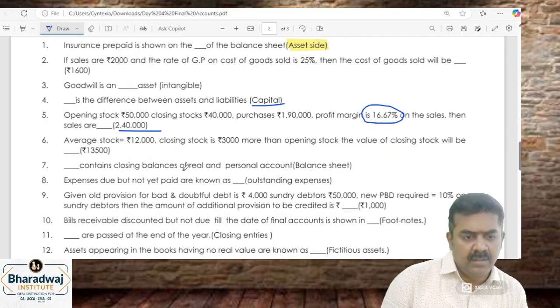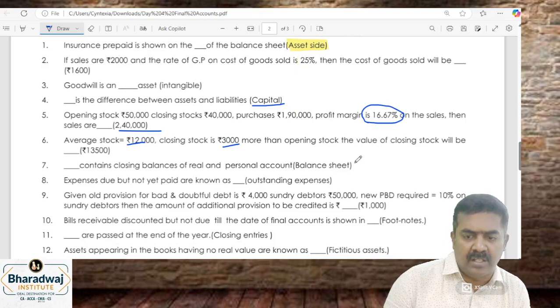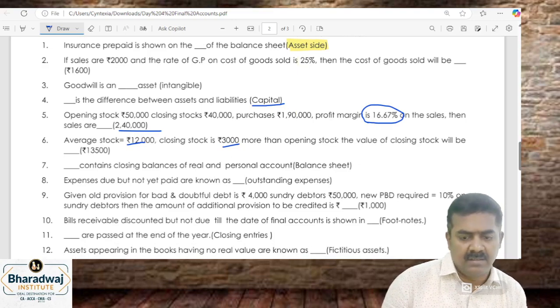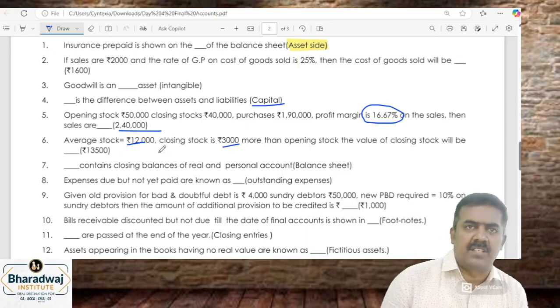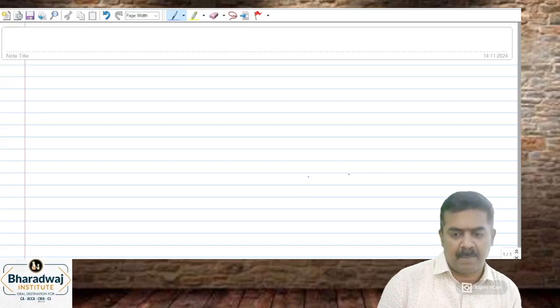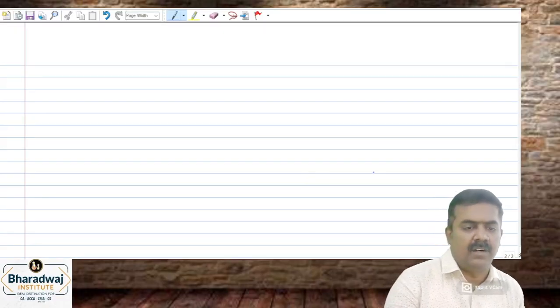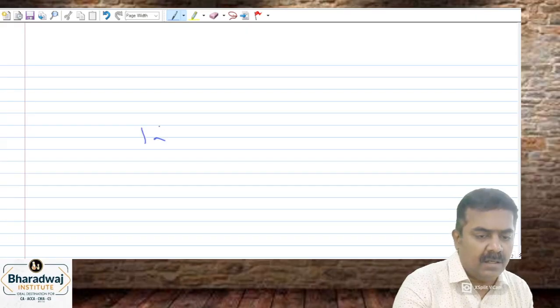Average stock 12,000 is given. Closing stock is 3,000 more than the opening stock. We can apply the average stock formula, otherwise there's a shortcut available for this. What is the average stock? 12,000 is given.